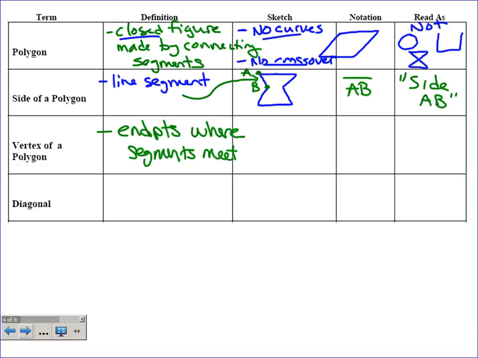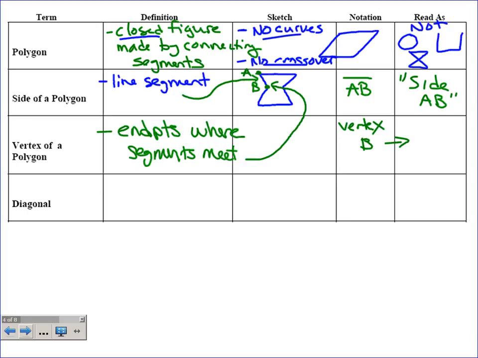So for instance, B, you would pronounce it vertex B, the same way as, well, vertex B. Okay. So vertex is where they come together. Vertex is also basically the angle that we were talking about.